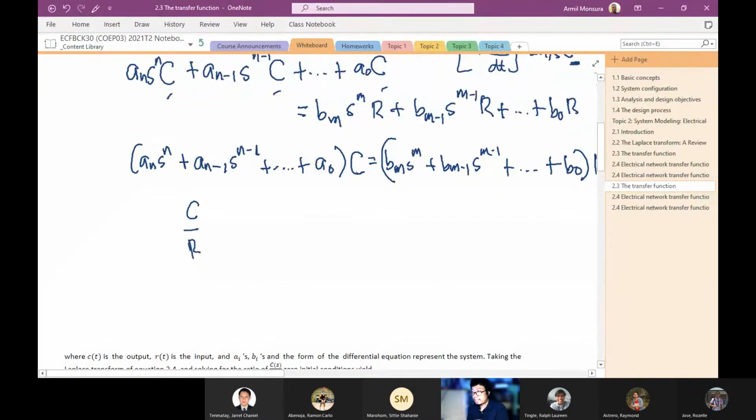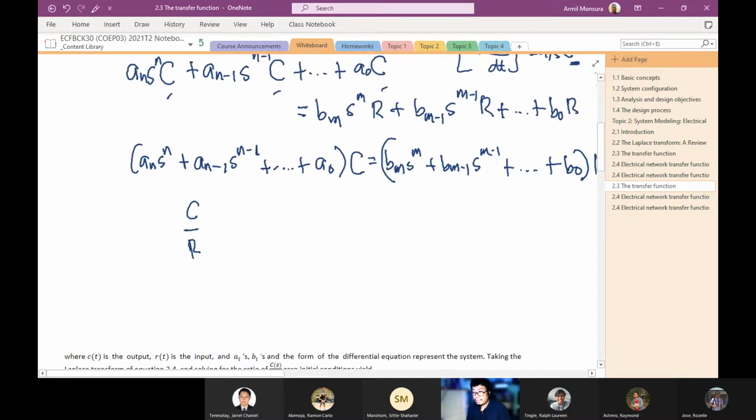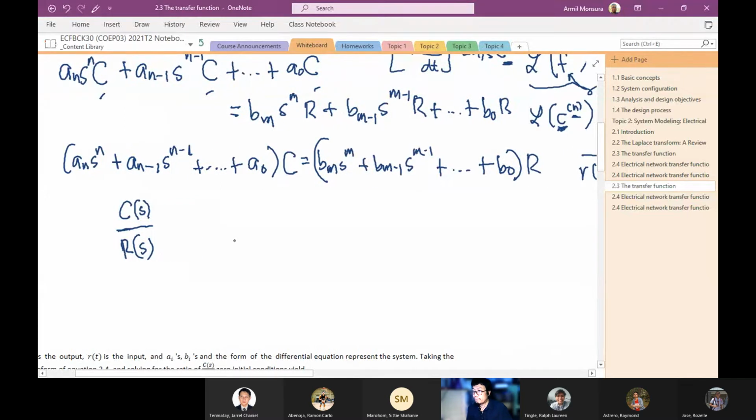So since this is C, tapos ito yung R. Basically, sabi natin yung C can also be written as C(s) in its functional form. So, I'd like to solve C(s) over R(s). So, yung R naman dito is R(s) in functional form.